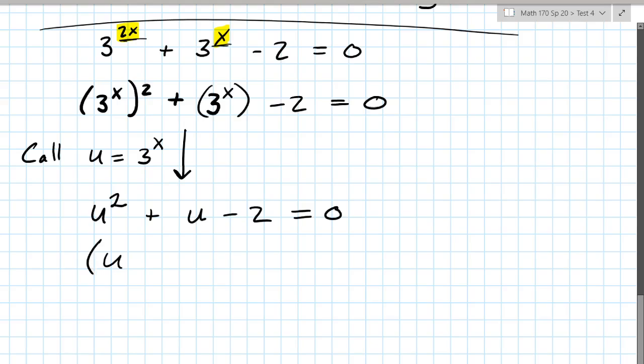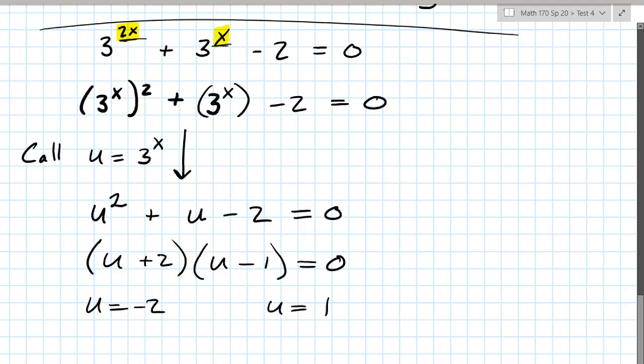How does this factor? U plus 2, u minus 1 equals 0. So that means u is equal to -2, or u is equal to +1.